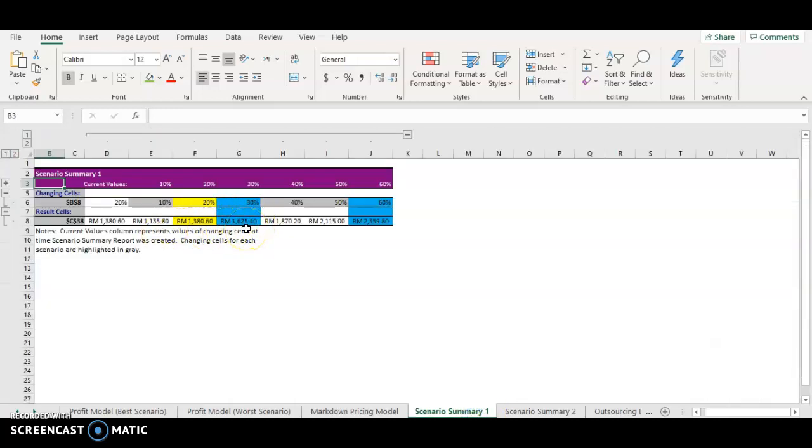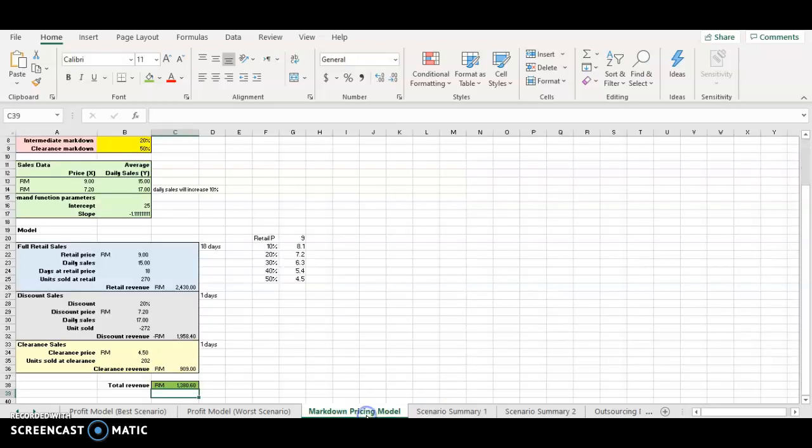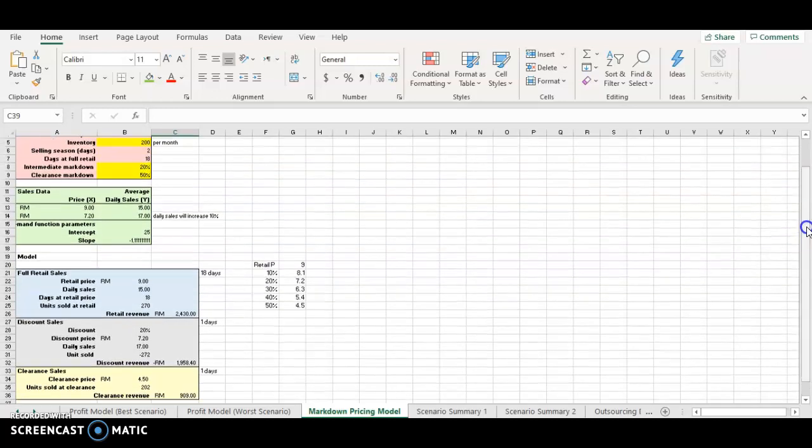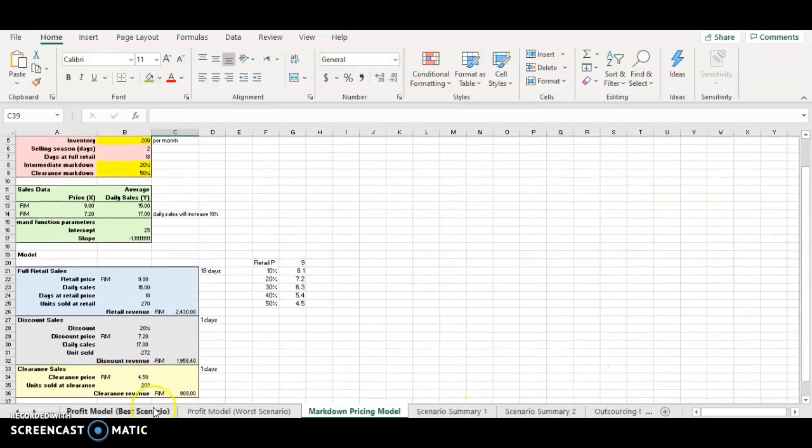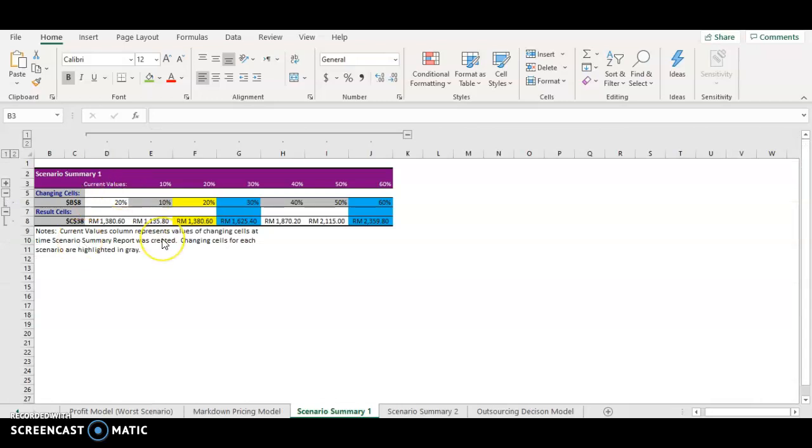Then I got 1,625 ringgit and 40 cents for the revenue, which is higher than the revenue that I've been counting before, based on 20%. Based on scenario summary 1, I can see that 30% is the best discount that I can charge for my product to get the best revenue value.